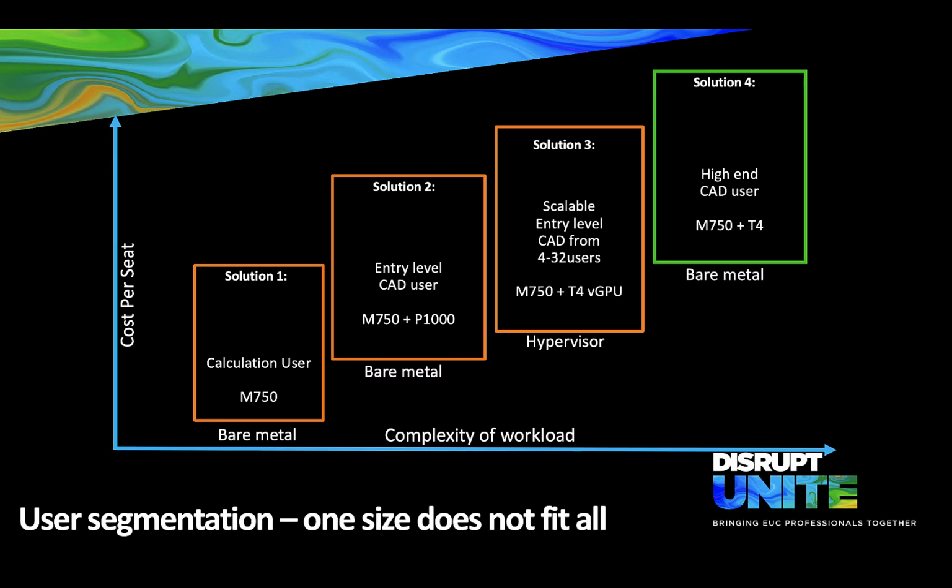Then you have four physical workstations in one U with these systems, right? So the first solution, just bare metal with the M750 and the onboard GPU, is for calculation users and task worker users, very, very basic usage, but it works good. Viewing stuff like that in CAD. But if you want to work with the CAD data, so you're starting entry-level work, that's where solution 2 comes into play.